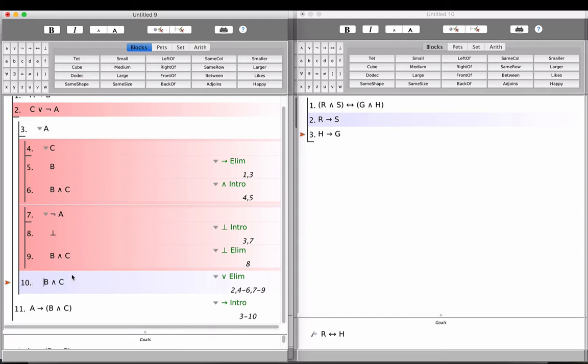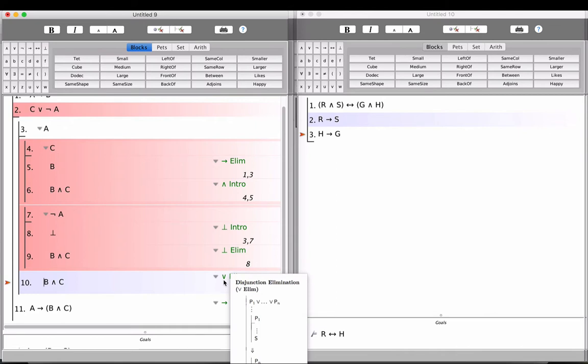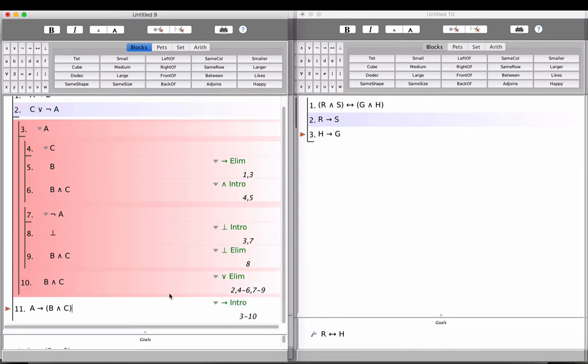I justify B conjunction C by conditional elimination. And then I'm out of my structuring subproof because I've just proven from the assumption of A, if A, it follows I have B conjunction C, which is our conditional intro rule.